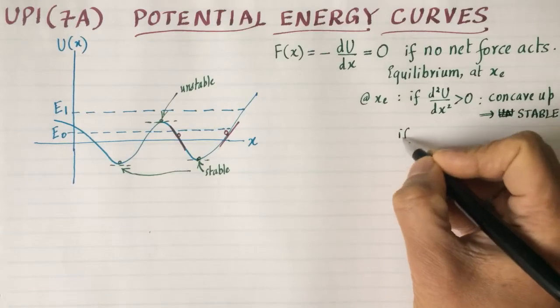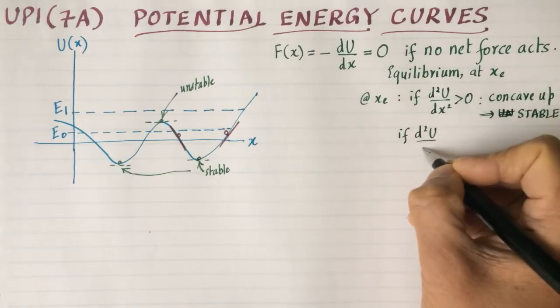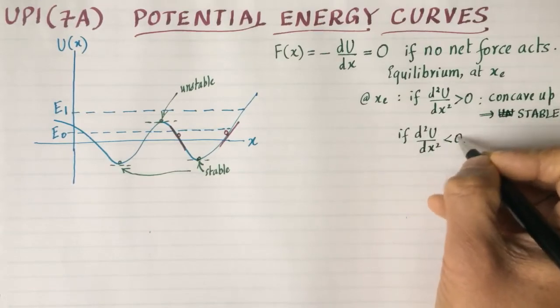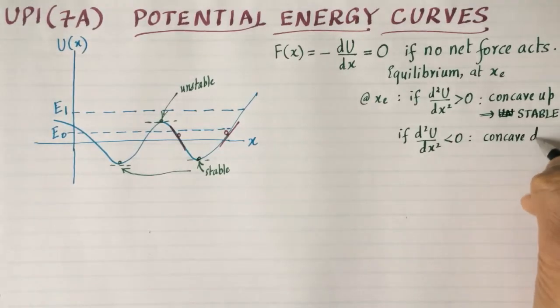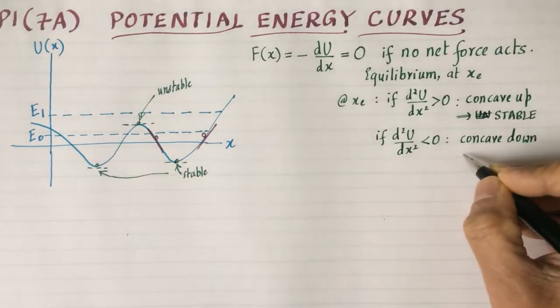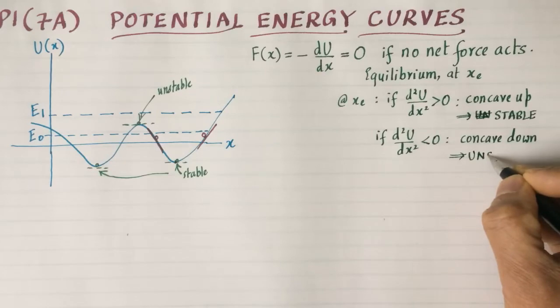And if the second derivative d2u over dx squared is less than 0, which is concave down, then you're led to unstable equilibrium.